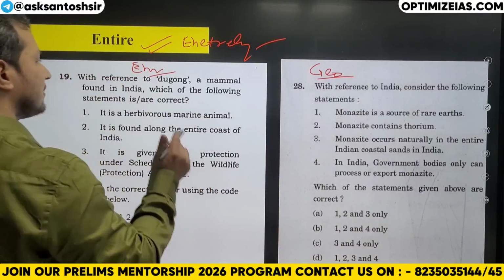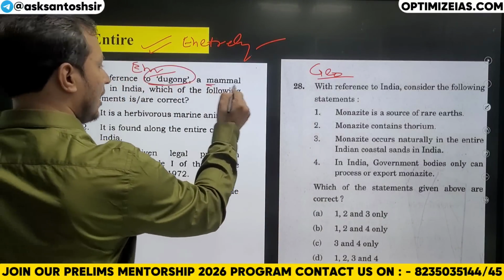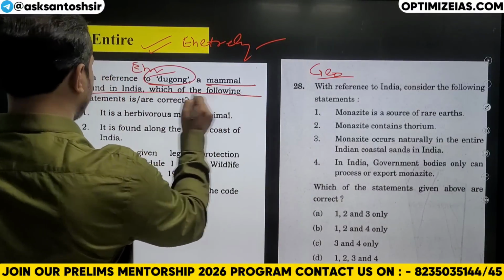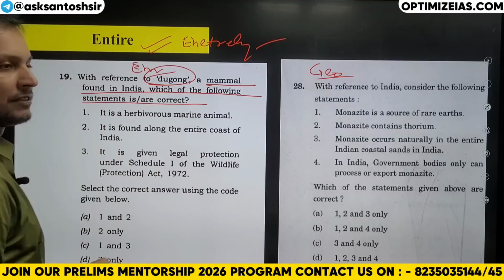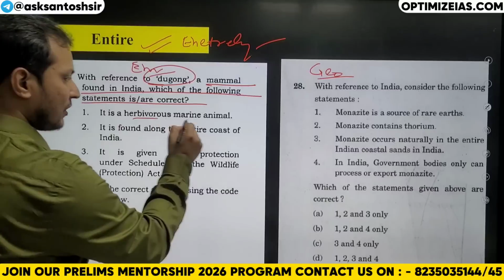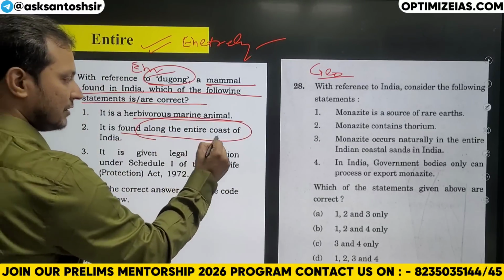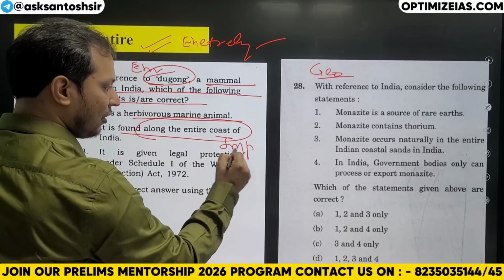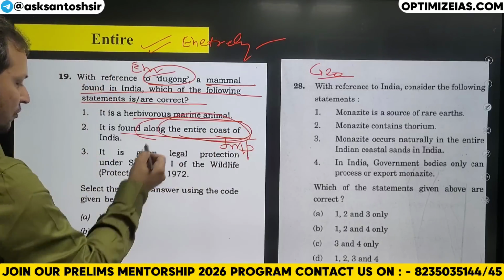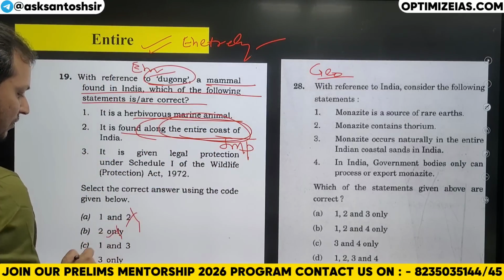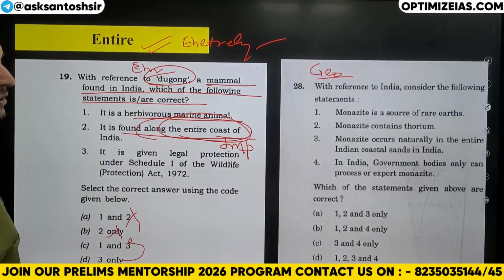Why? You can see this: with reference to dugongs, a mammal found in India, which of the following statements is or are correct? It is a herbivorous marine animal. It is found along the entire coast. So statement 2 is wrong. We are left with only two options.